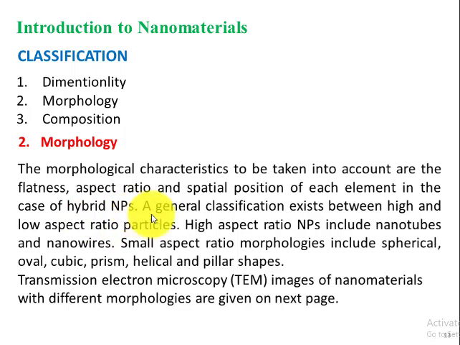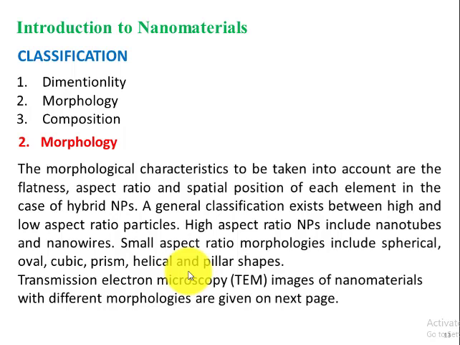A general classification exists between high and low aspect ratio particles. High aspect ratio nanoparticles include nanotubes, nanowires. On the other hand, small aspect ratio nanoparticles include spherical shaped, oval shaped, cubic shaped, prismatic, helical, and pillar shaped nanoparticles.